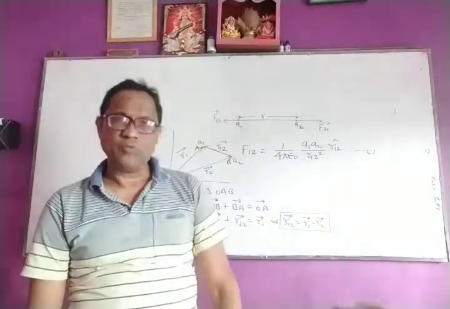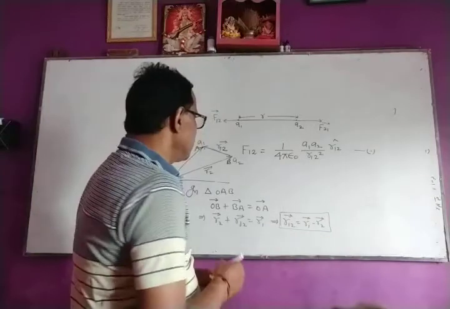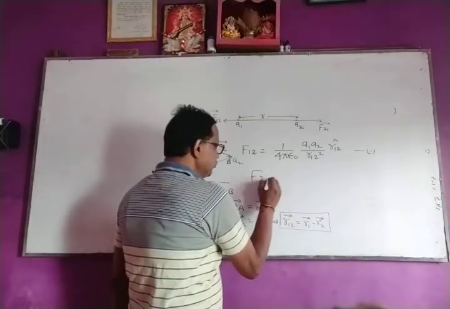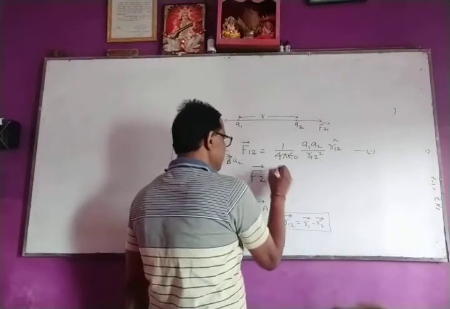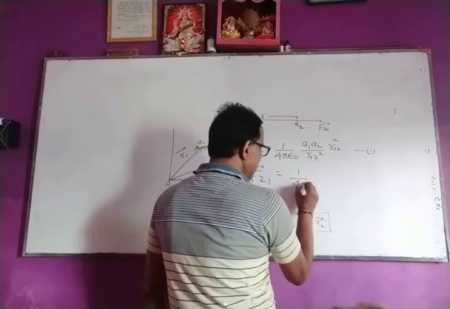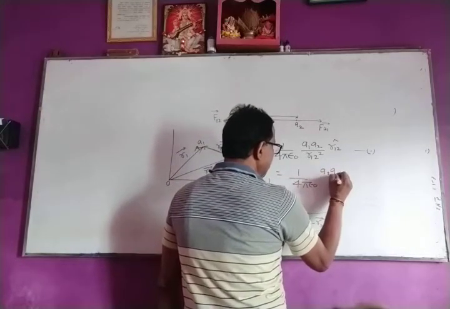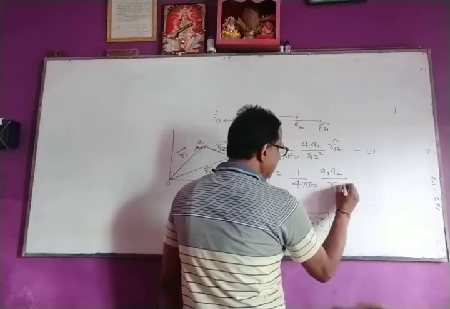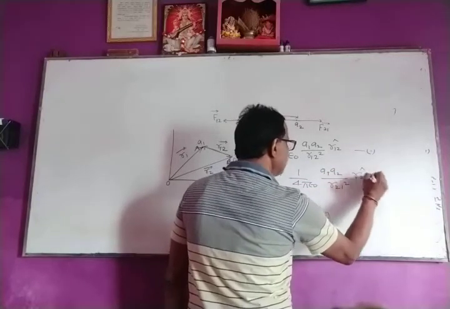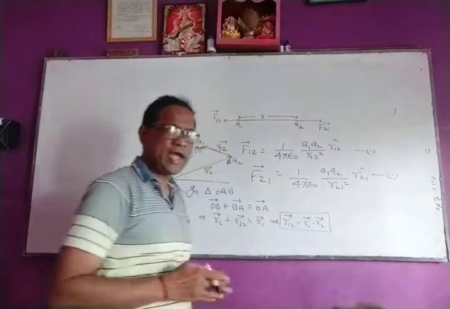Clear? So in vector form we can also write F21 is equal to 1 by 4 pi epsilon naught q1 into q2 by r21 whole square r21 cap.